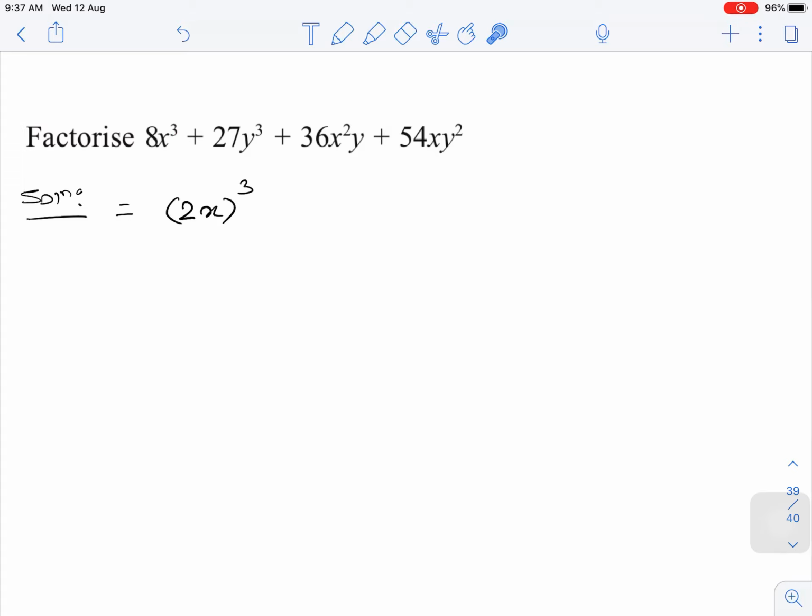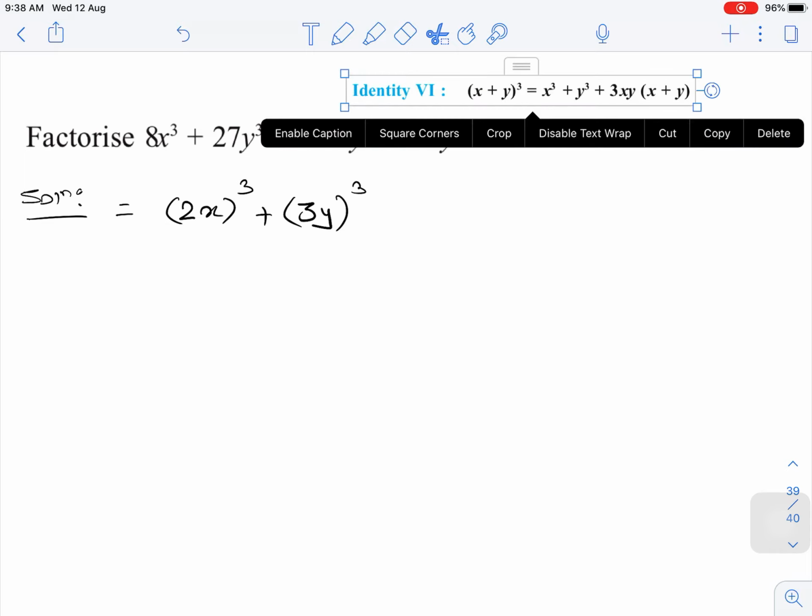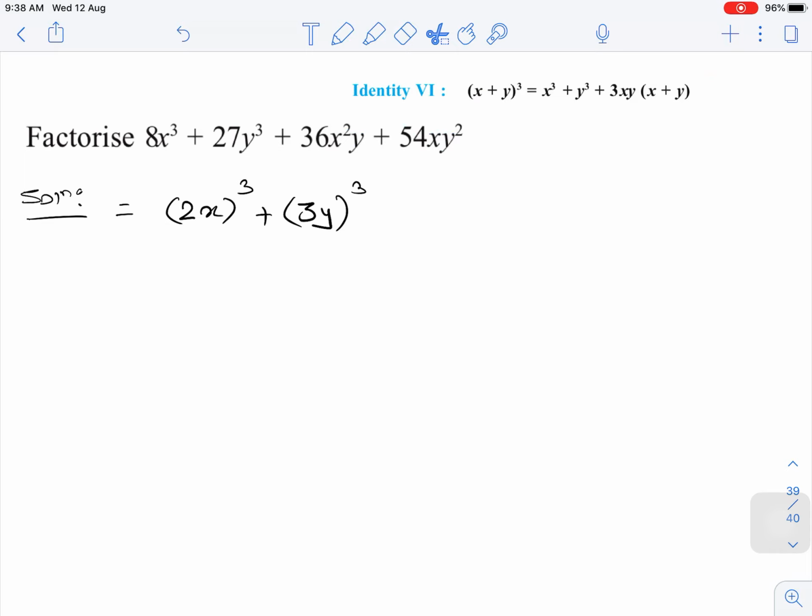Okay, so now 2 cube is 8, x cube as it is. Now this 27, it can be written as (3y) bracket cube. Why? 3 cube, 27 is coming. Now we have decided our first and second term. Okay, so as per our formula, we have an identity over here.